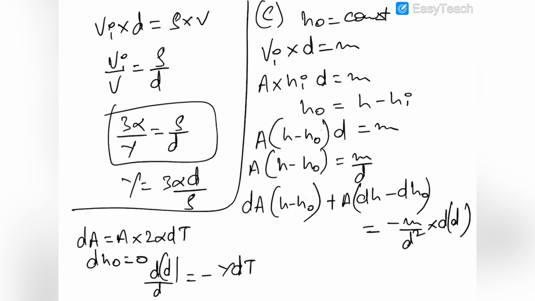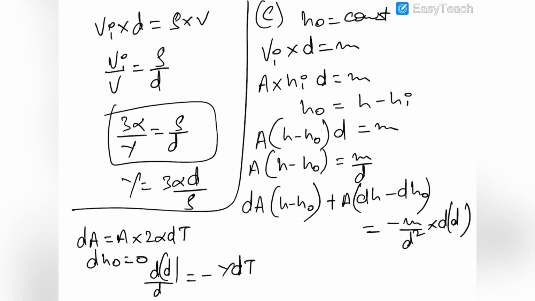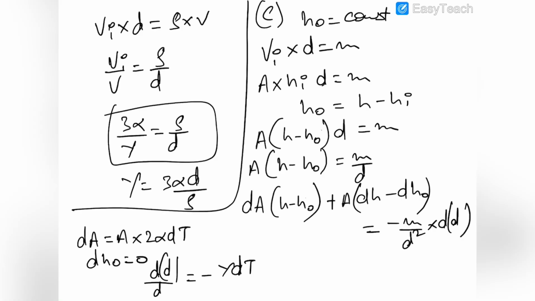So we can replace these values. So d of A is A into 2 alpha dt, and h minus ho is again hi.